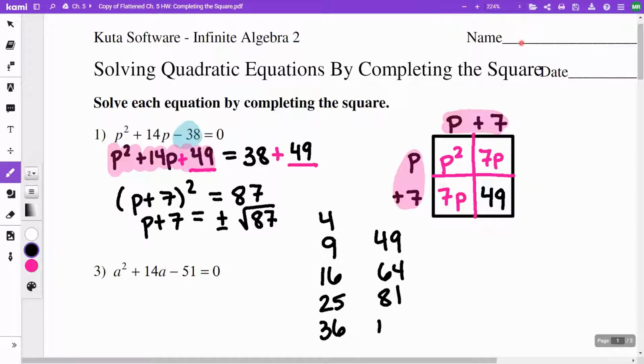And after that is 10 squared, which is 100. None of those are perfect squares that are a factor in 87. So I'm going to leave that 87 as is.